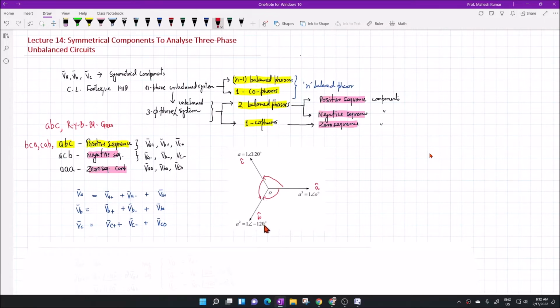So I can say the B lags A by 120 degree and C lags B by 120 degree and A lags C by 120 degree. And these positive sequence are denoted as V_A plus, V_B plus, V_C plus, plus for positive. Minus for negative, so this is for negative sequence. A for A phase, B for B phase, C for C phase, and 0 is used for zero sequence.